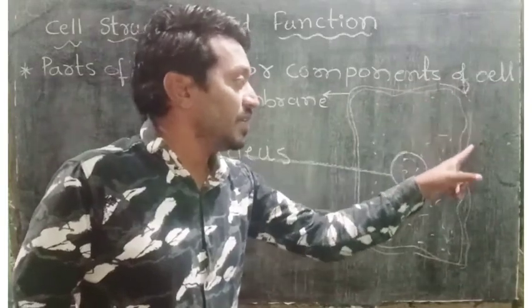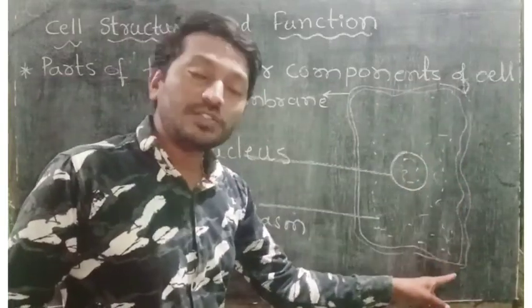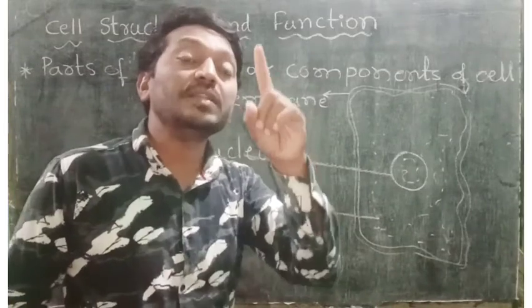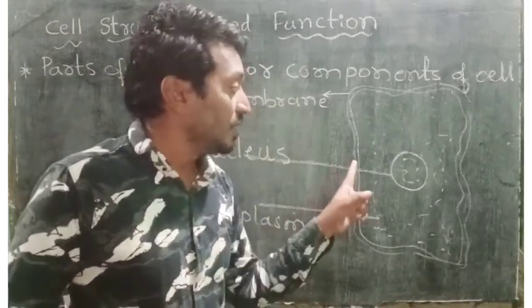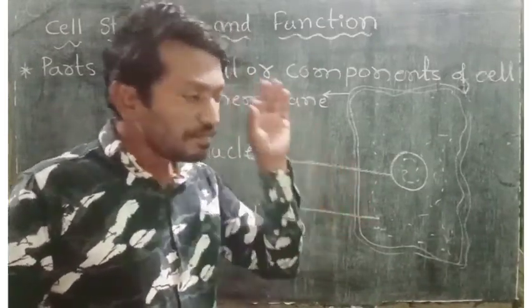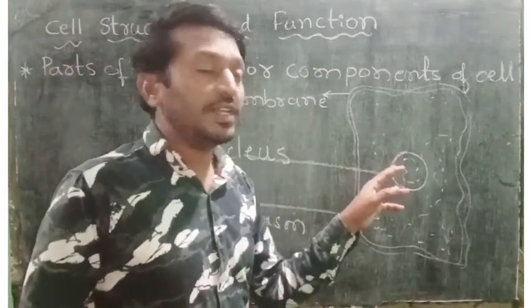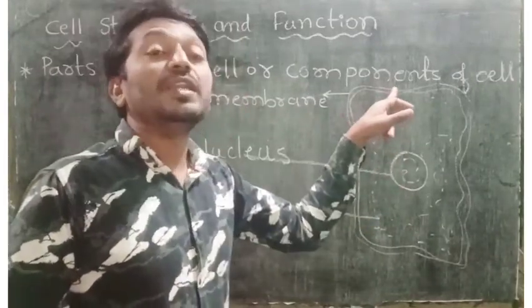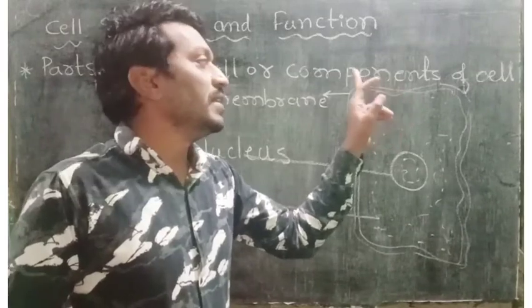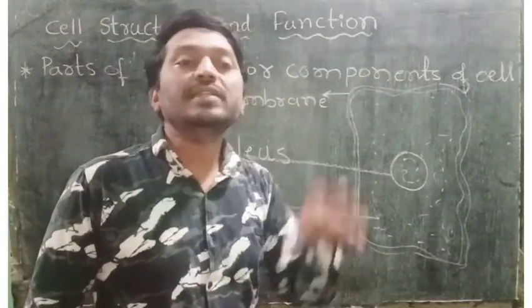That is called the cell wall. It is also very important, especially in the plant cell. It gives a definite structure and shape to the plant cell, as well as a protective layer to the cell. Cell wall is present in the plant cell.